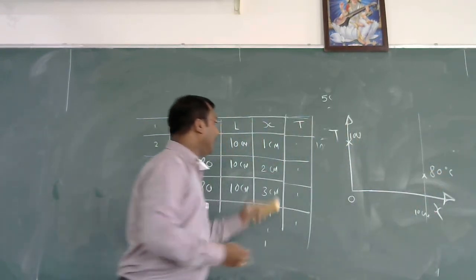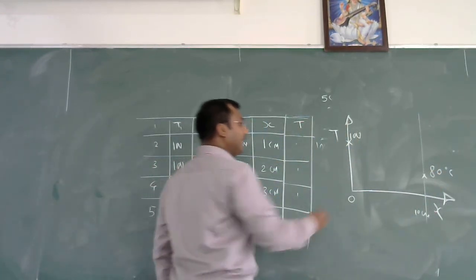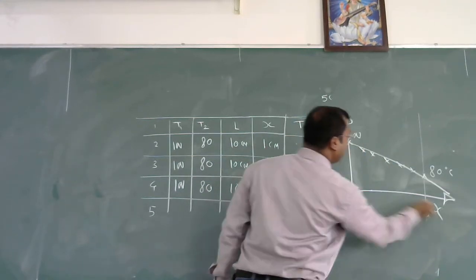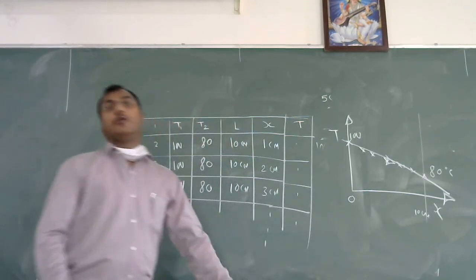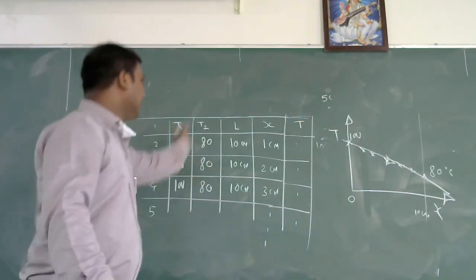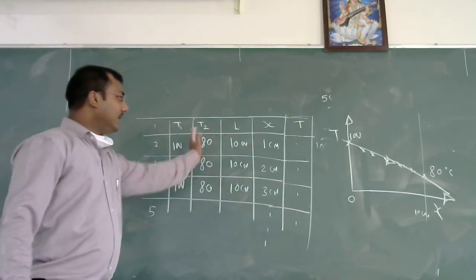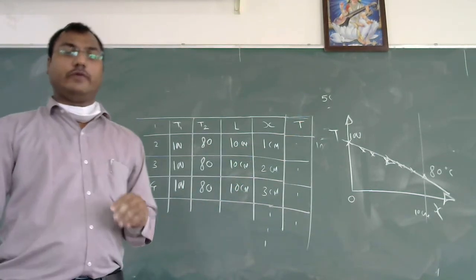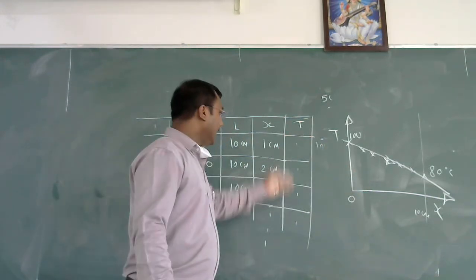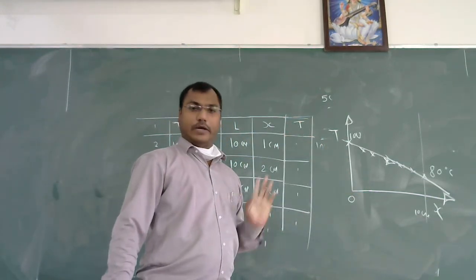When you plot all these values on the graph paper, you will get something like this, the temperature profile. And this is what we call the temperature distribution in the plane wall. So this is a small exercise I am giving to you. Try to finish this exercise also, and you will see exactly what the linear temperature profile is and how we can evaluate the temperatures. Okay. Fine.